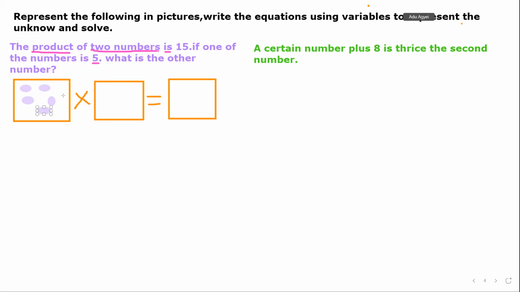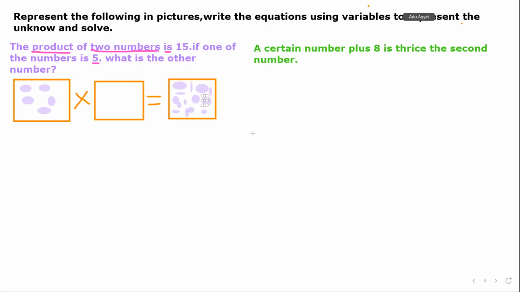There are two numbers that we are multiplying, so times here will give you 15. You don't know the other one. So here will be 15: 1, 2, 3, 4, 5, 6, 7, 8, 9, 10, 11, 12, 13, 14, and then 15.